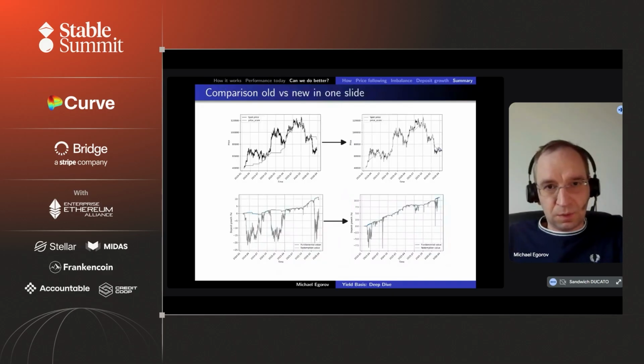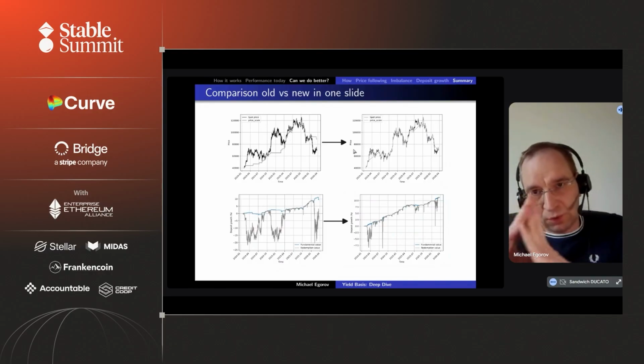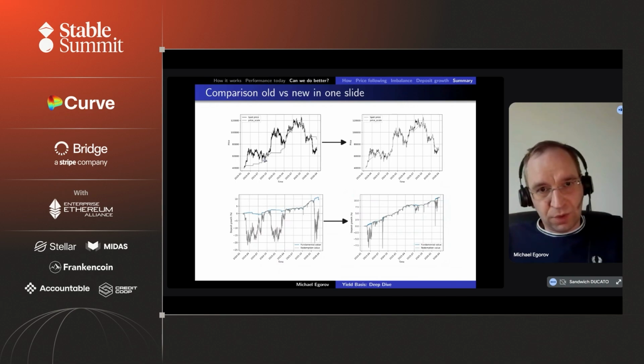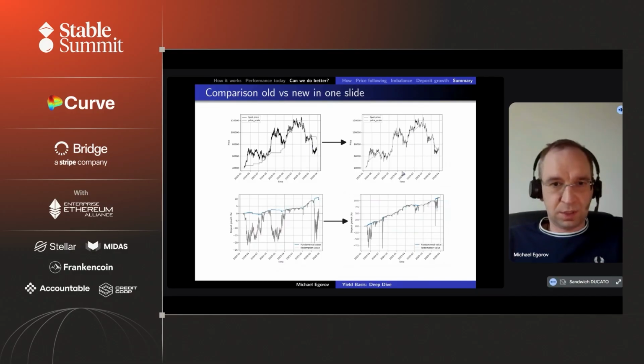If you look at the summary, liquidity following the price goes from this, where it didn't follow these peaks at all, to this, where it would follow pretty much everything.